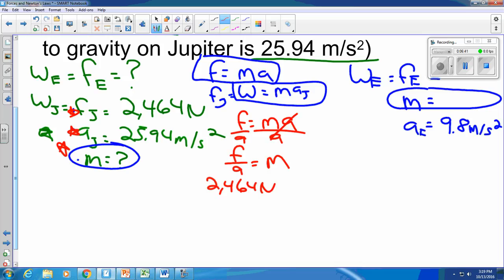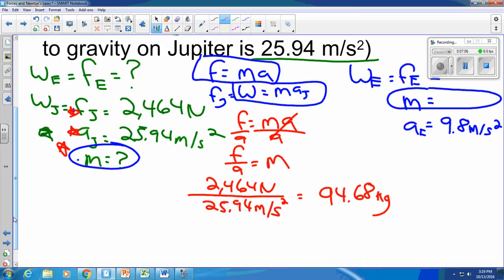2,464 newtons divided by 25.94 meters per second squared equals, well, if I do that out on my calculator, I should get 94.68 kilograms.